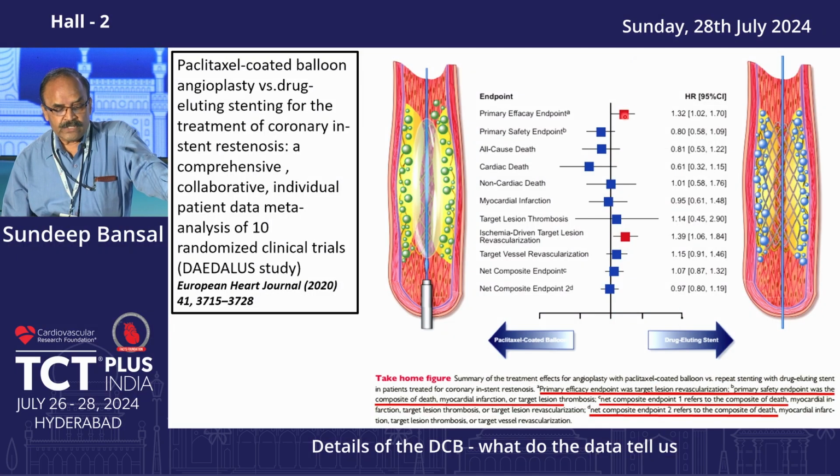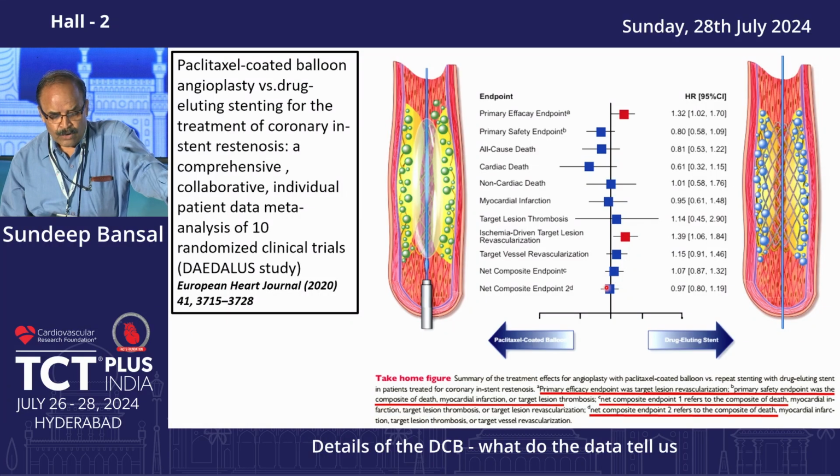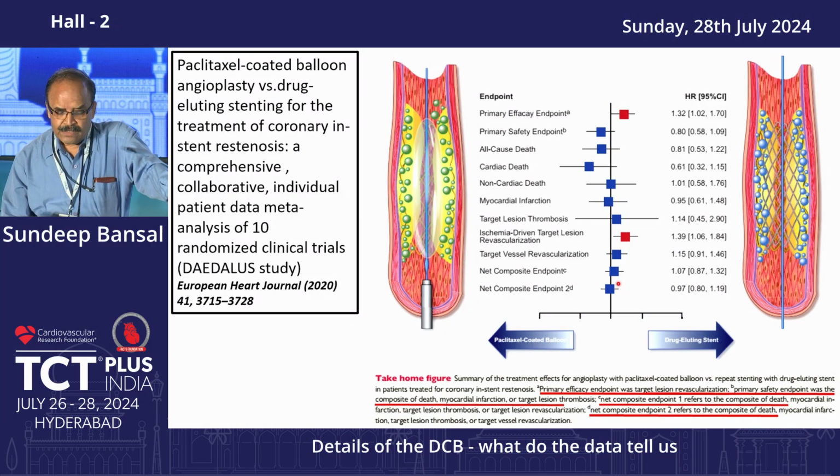As we see, drug-eluting stents definitely do better than drug-coated balloons as far as the primary efficacy of target lesion revascularization is concerned. The primary safety endpoint is a composite of death, MI, and target lesion thrombosis, and we find that the drug-coated balloons are better in this. But if you compare the net composite endpoints, they are no different between the 2 groups.